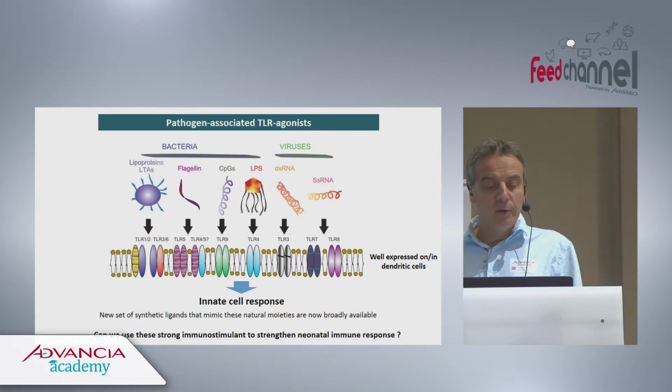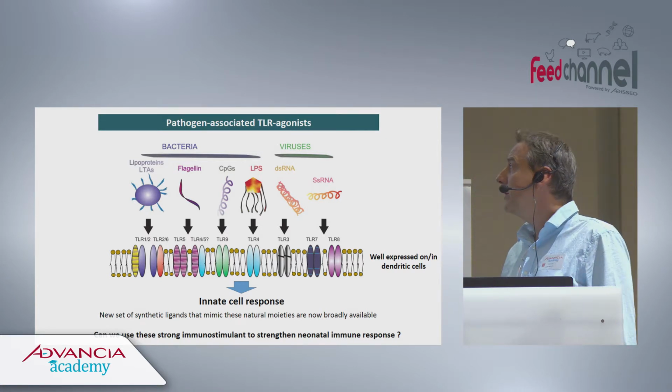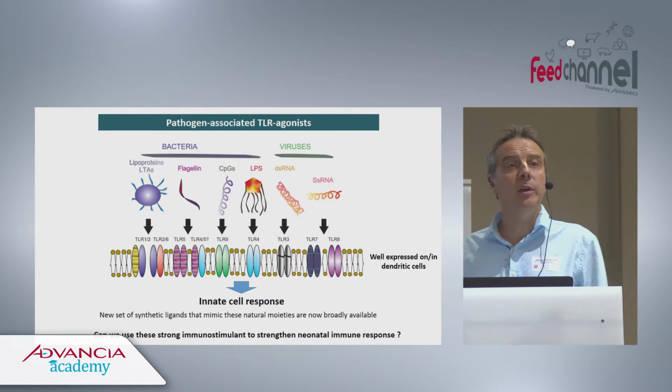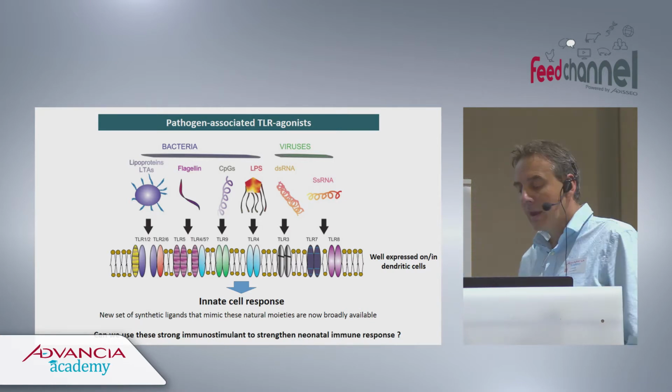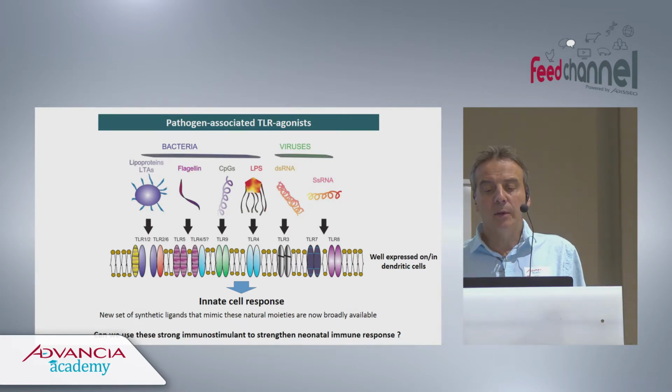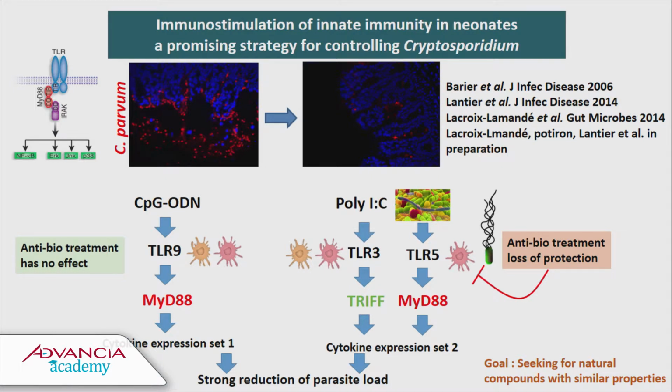And now there are also new synthetic ligands available commercially, so you can buy and try them. We have done quite a long series of experiments with different Toll-like receptor agonists.